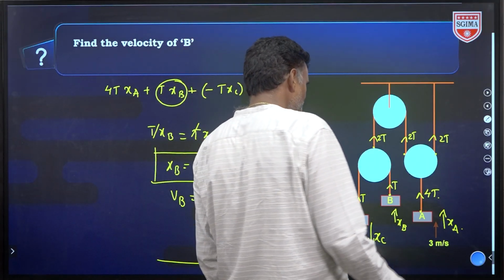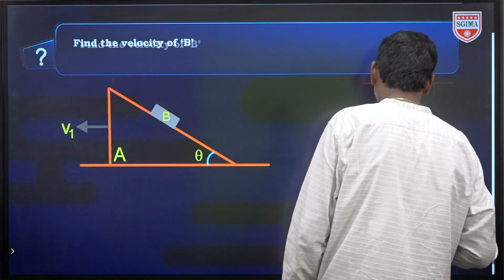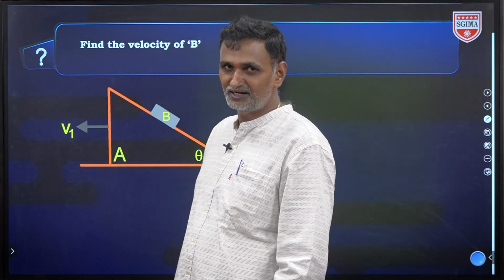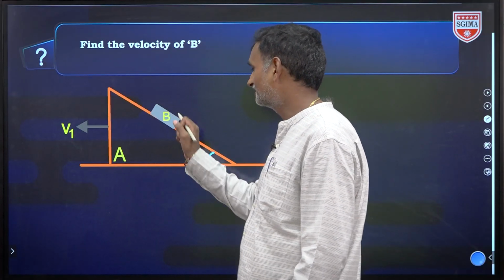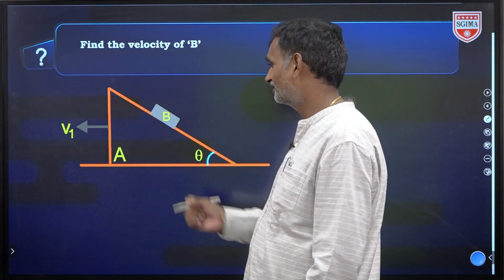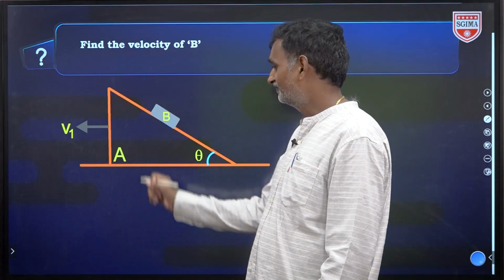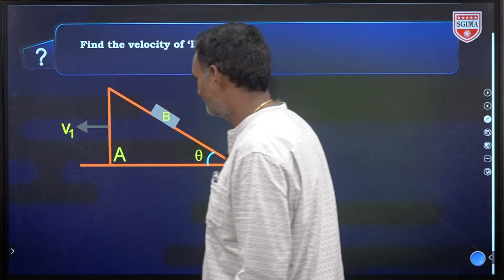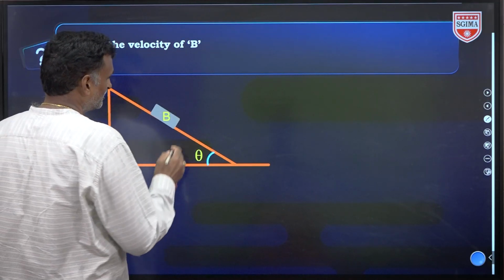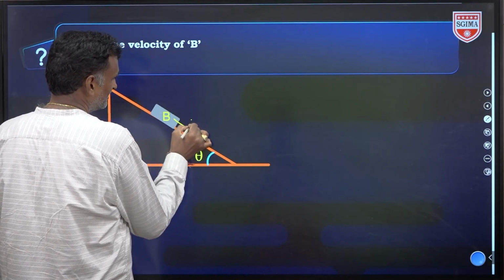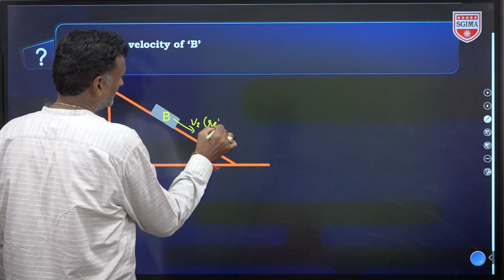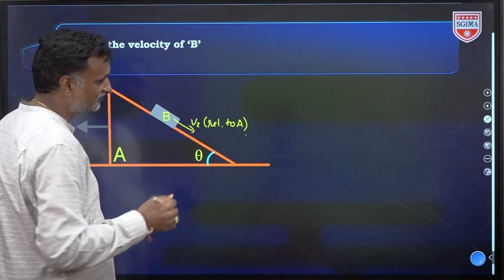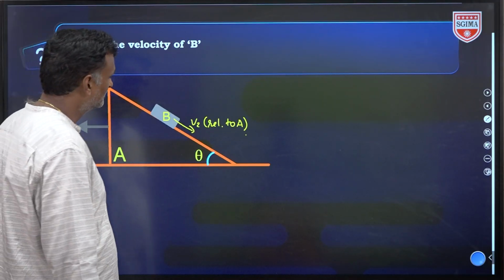Now next, here they are asking to find the velocity of B. So with what velocity will B fall or move down? Whenever the wedge is having velocity v1 to the left side, suppose the block falls with a velocity v2 relative to A, not with respect to the ground.